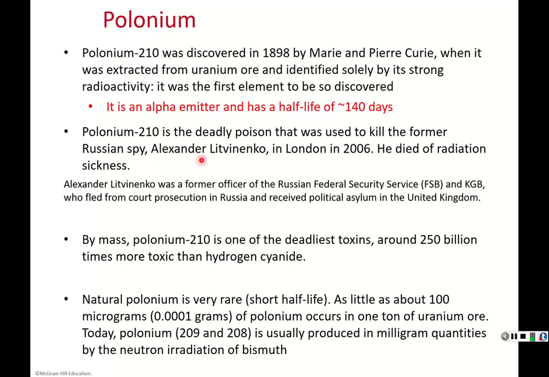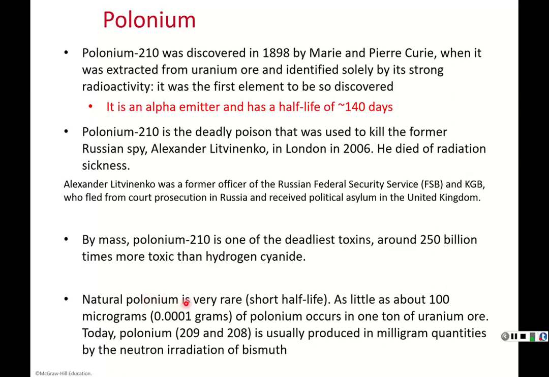Polonium-210 is a very deadly poison, and it has been used in assassinations before. It's one of the deadliest toxins, around 250 billion times more toxic than hydrogen cyanide. So that's a crazy number, just how toxic this stuff is.